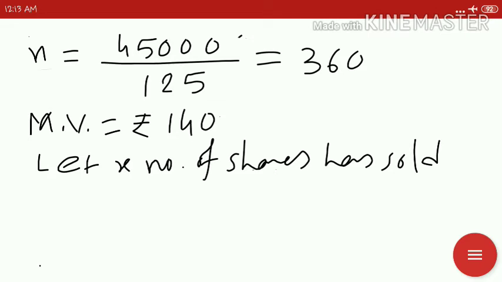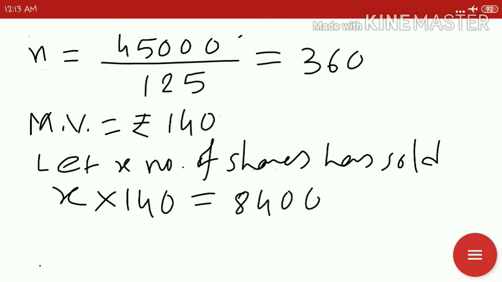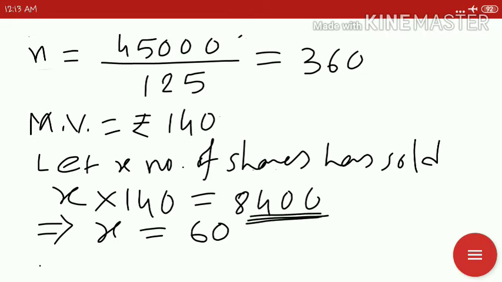When a person is going to sell or buy some shares, he or she will do so according to the market value. So x number of shares, each share valued at 140, is enough to raise 8400. Clear? So for that you can find x as 60. That means 60 shares he has sold to raise that value 8400.